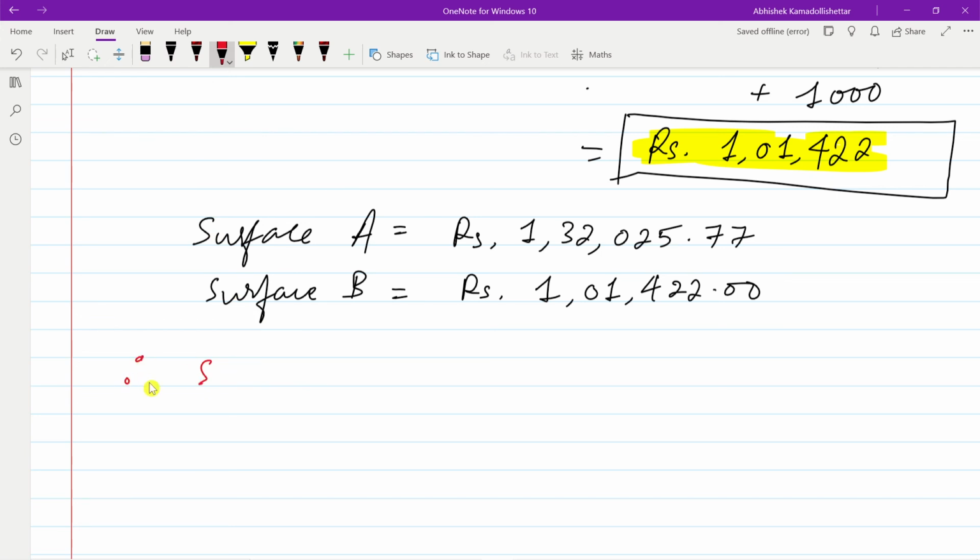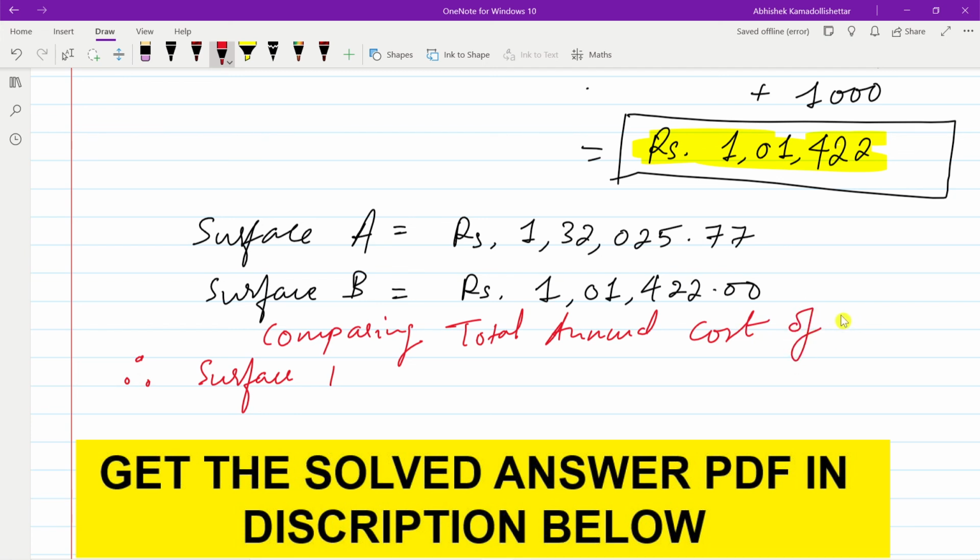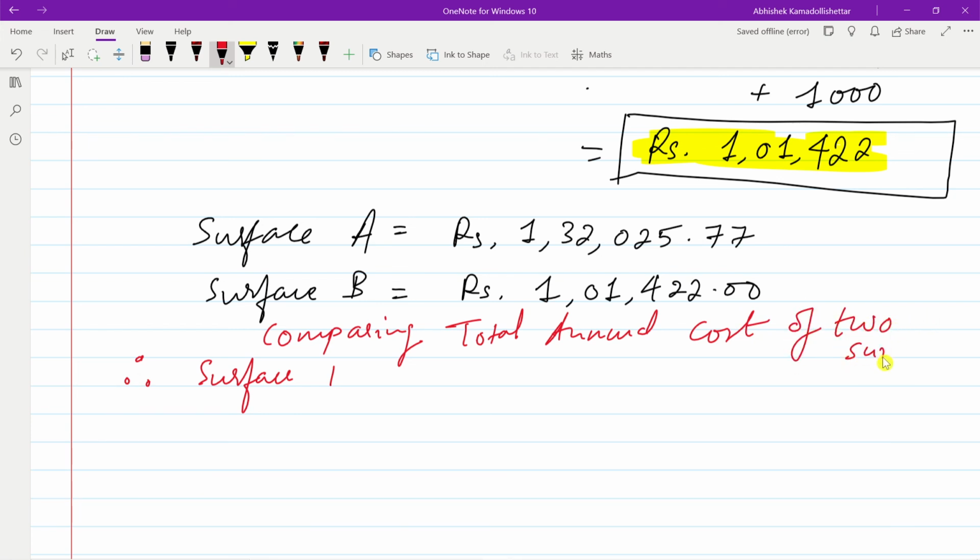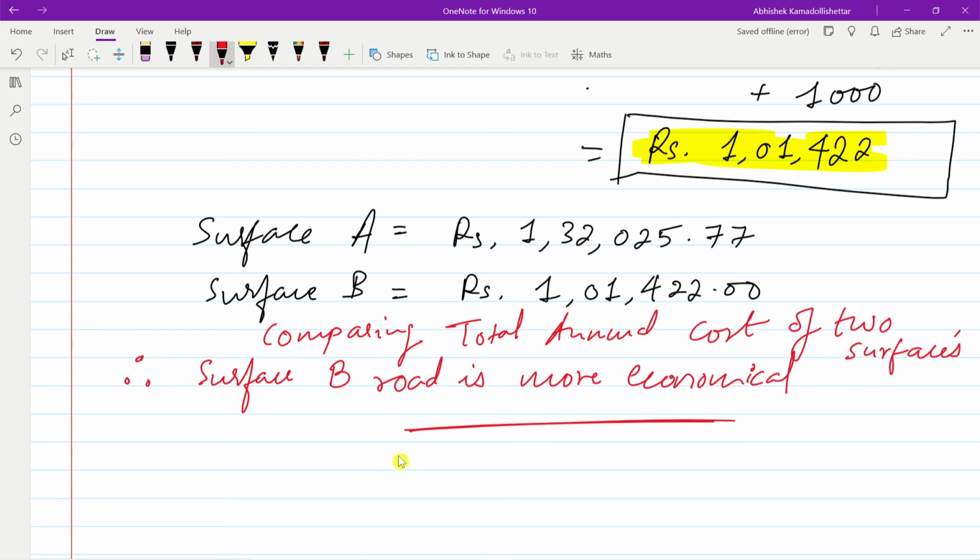Therefore you can write: comparing the total annual cost of the two surfaces, surface B road is more economical.